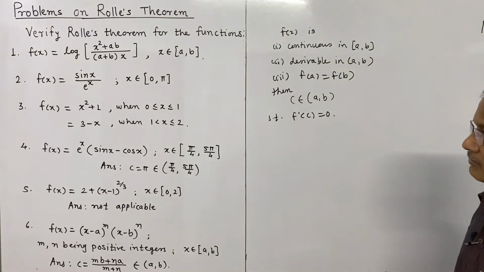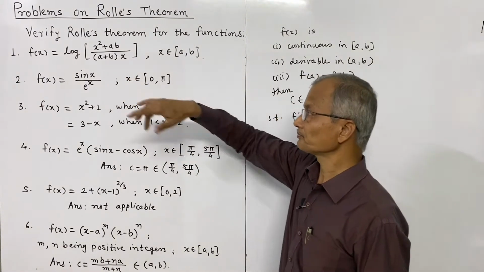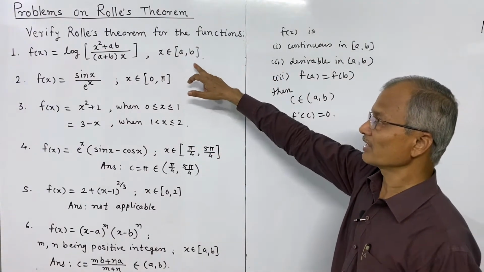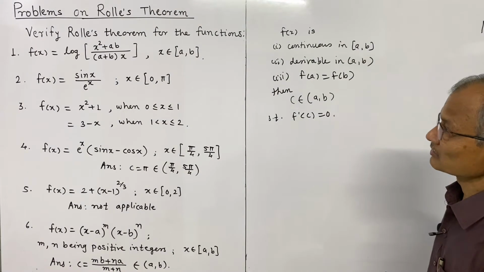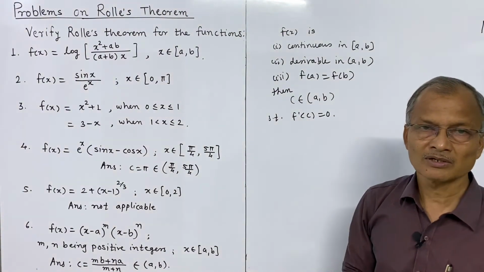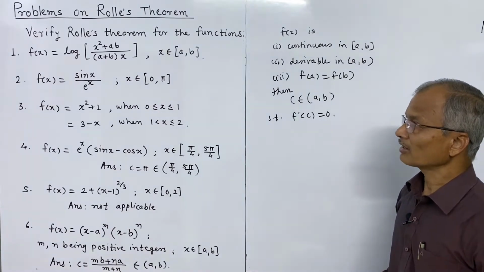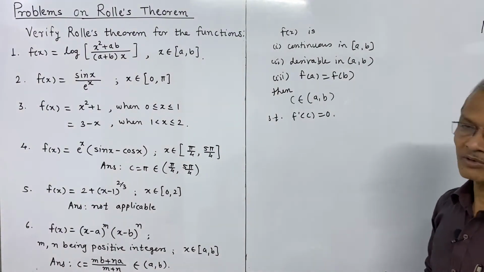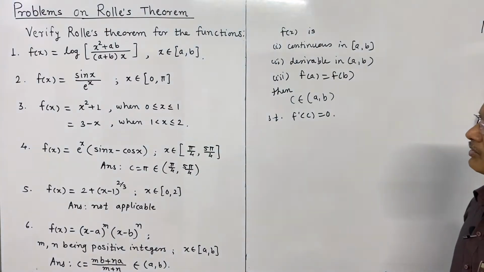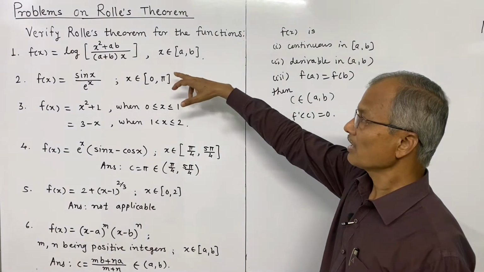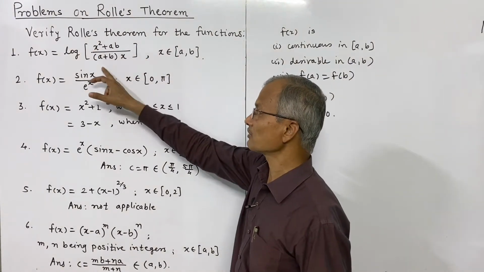Now we shall check whether this function log of that expression is continuous in the interval a b or not. So we know the continuity of some standard functions. Logarithmic function is continuous for all positive real numbers, and therefore the function here is continuous if this expression is positive.